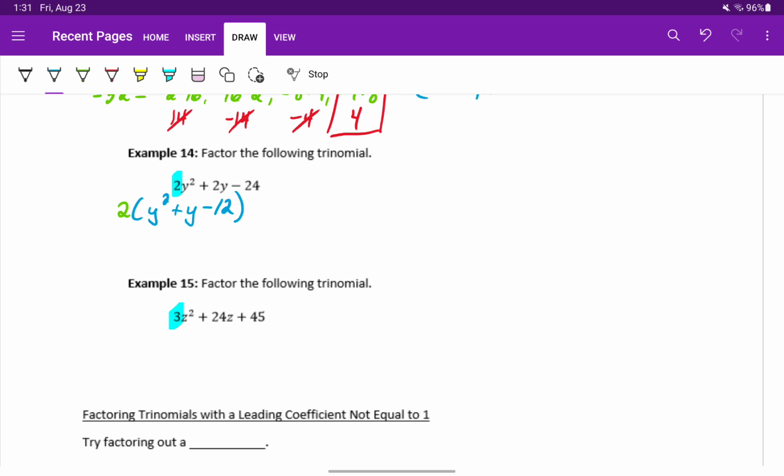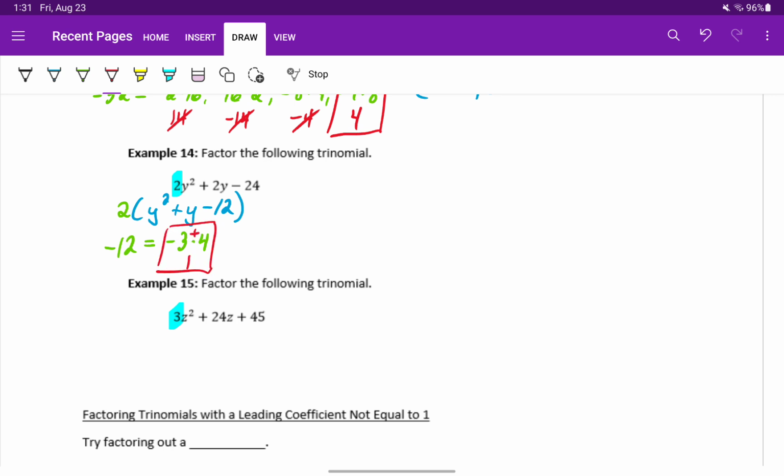And now we've taken a problem that would otherwise be more complicated and made it match up with the previous two examples that we just discussed above. We'll look at negative 12 and try to find pairs of numbers that multiply together to give us negative 12, but add together to give us positive 1. In this case, if we took negative 3 and 4 and added those together, that would give us positive 1.